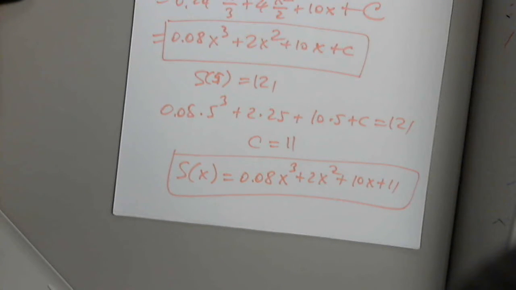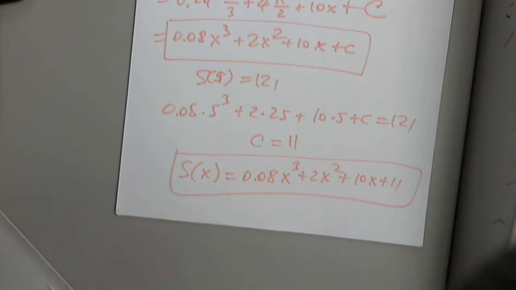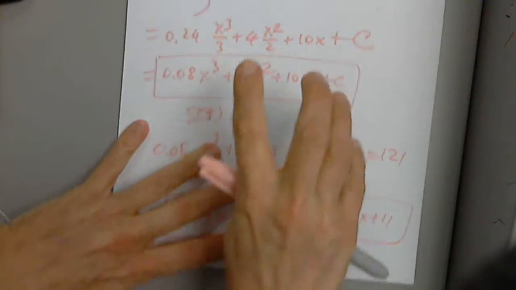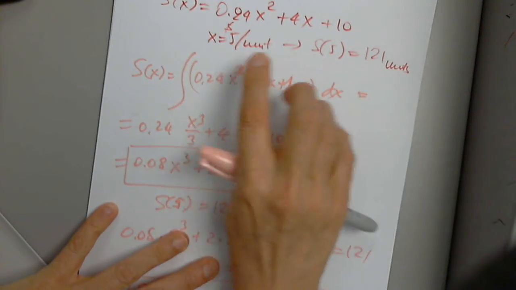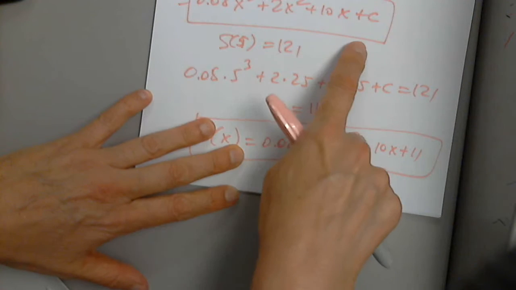And so yeah, that was it. This is the most general antiderivative, but we actually want to determine one specific one. And the information was given to us to help us determine c. This is the derivative that I had to integrate to find the function.